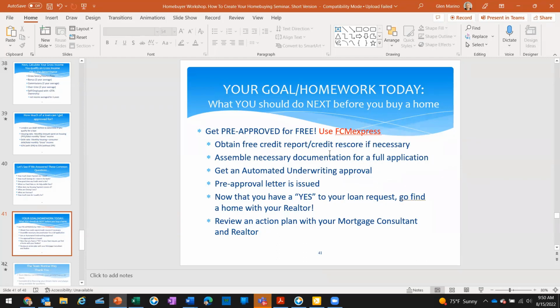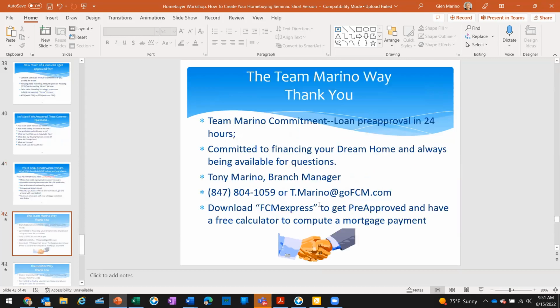Either use that credit score or get it rescored and come back to the table in 30 to 60 days. Assemble your necessary documentation. Get an automated underwriting approval, get a pre-approval letter. Now that you have a yes, go find your home with your realtor. Share that pre-approval with your realtor. Review an action plan with your mortgage consultant and your realtor if there's more work to be done.